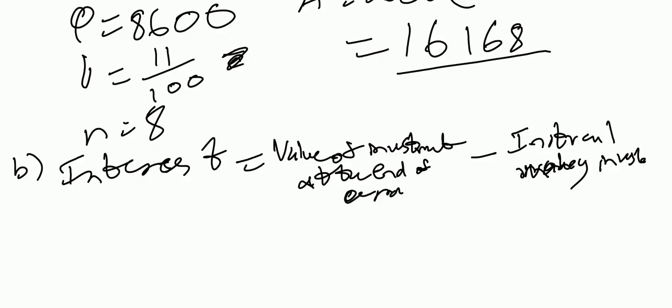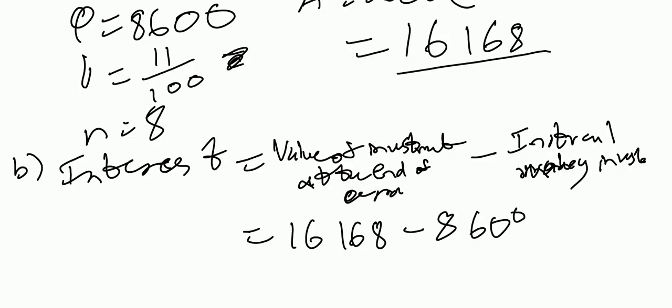The value of our investment at the end of the period was 16,168. The initial investment was 8,600. So the difference is our interest earned, which is 7,568. So this is our interest.